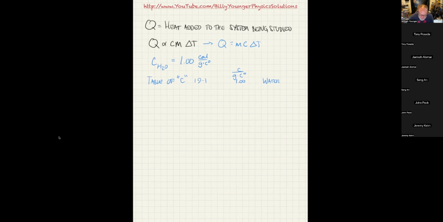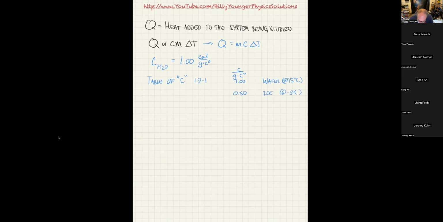But that's the specific heat of water, specifically at 15. Whoa, I can write better than that. At 15 degrees Celsius. Okay. Whereas ice, in this case ice at -5 degrees Celsius, has a specific heat of 0.5.